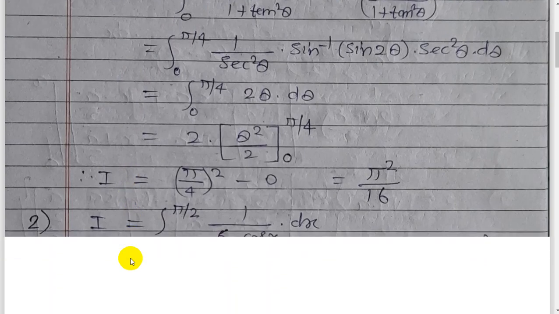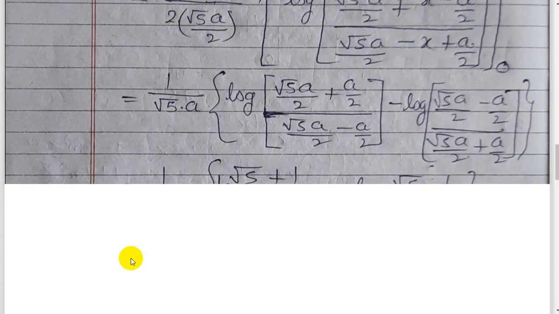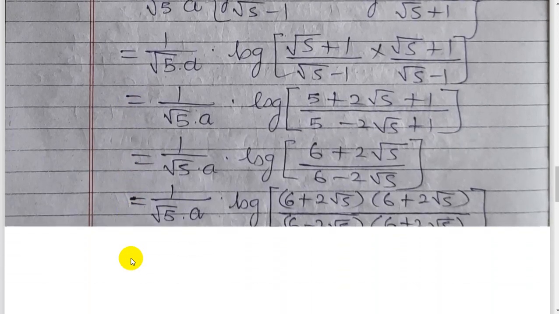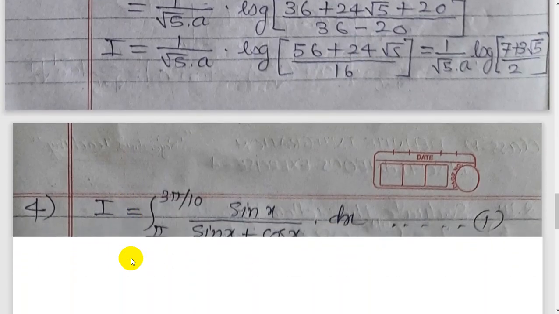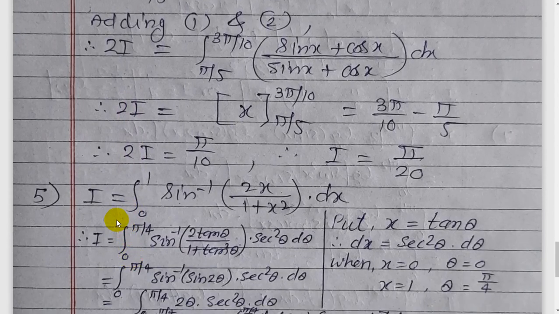Now see the solution, how to simplify that question and what answer you get. Since I equals integral from 0 to 1 of sin inverse (2x upon 1 plus x square) dx, by the substitution method put x equal to tan theta.